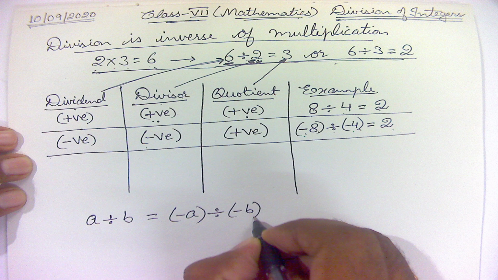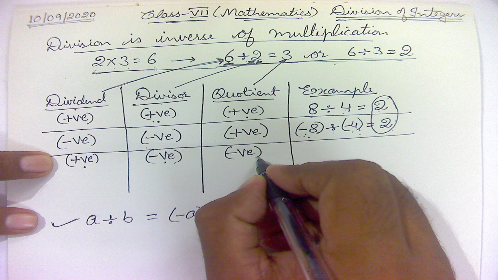Now if you have a positive dividend and you are dividing it by a negative divisor, your quotient will always be negative.